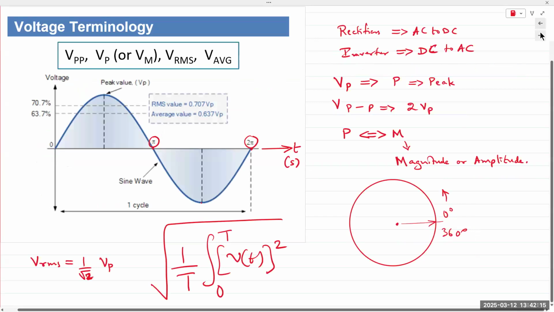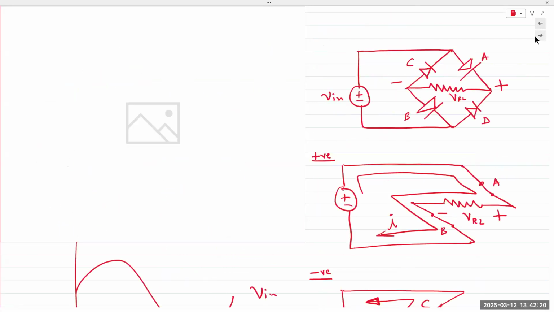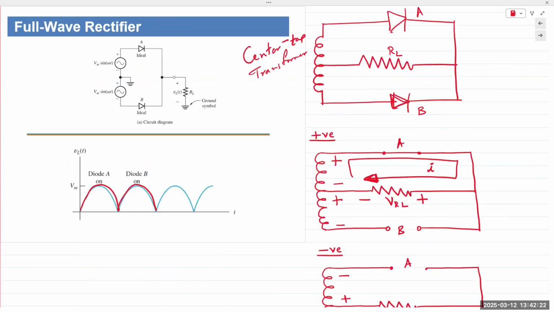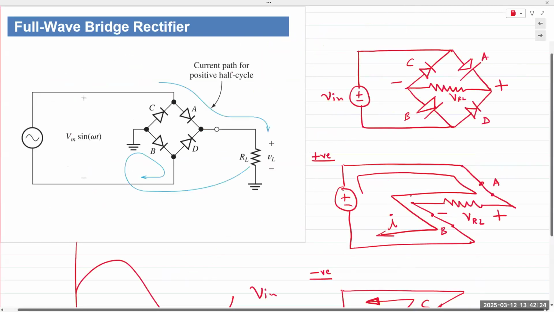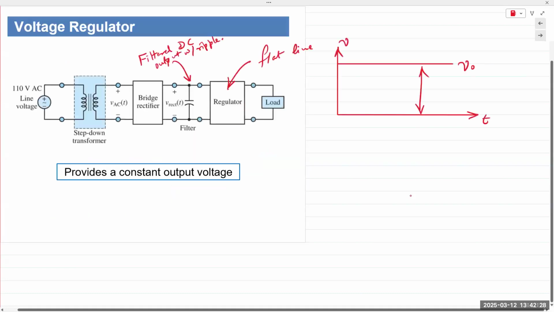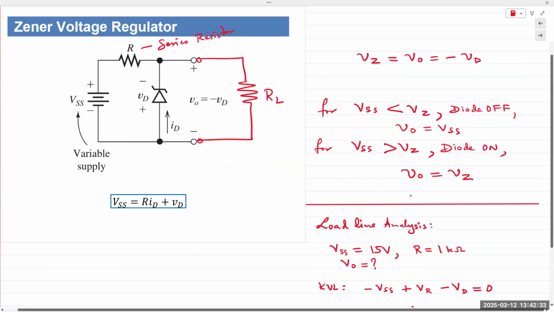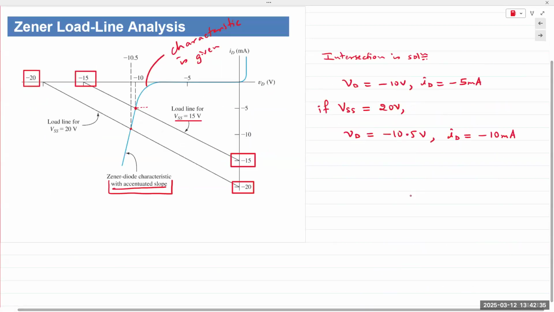Shockley equation, voltage terminology for the rectifier circuits. We analyze the rectifier circuits again based on the ideal diode model. Okay, so everything we did here is based on the ideal diode model. And then with the Zener diode, Zener characteristics, Zener voltage regulator, we will not do Zener load line analysis.